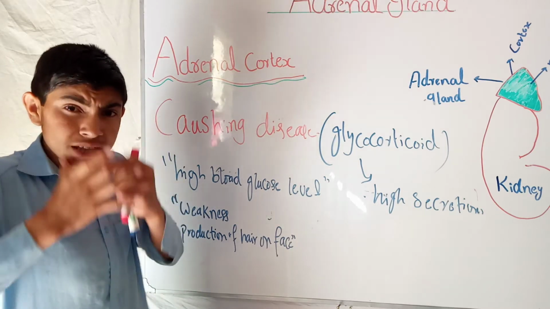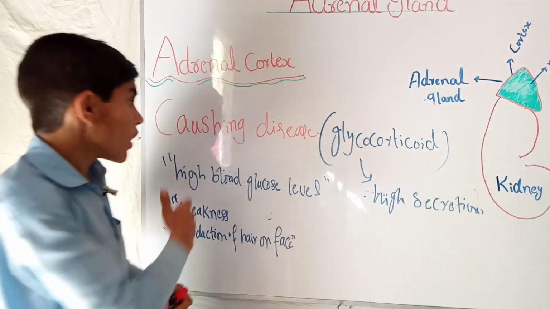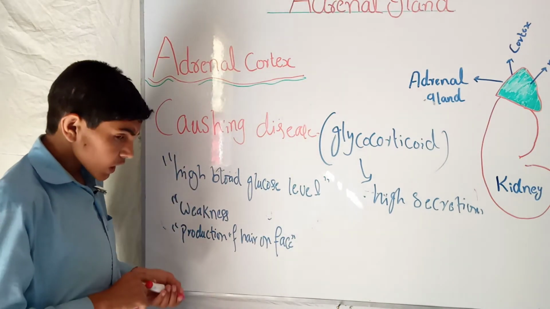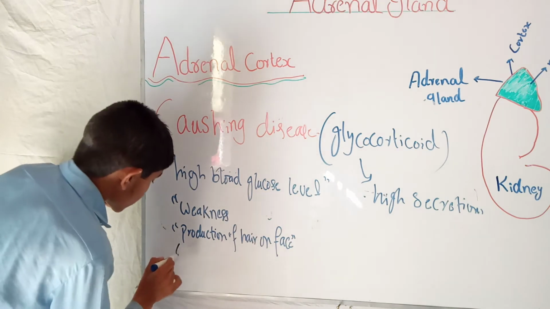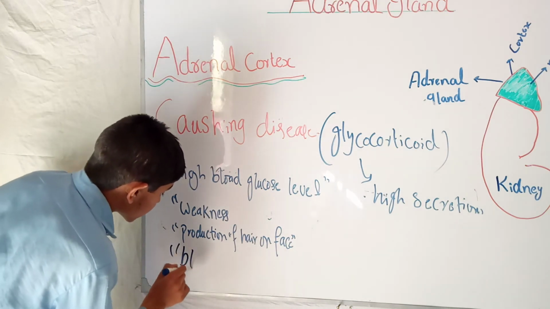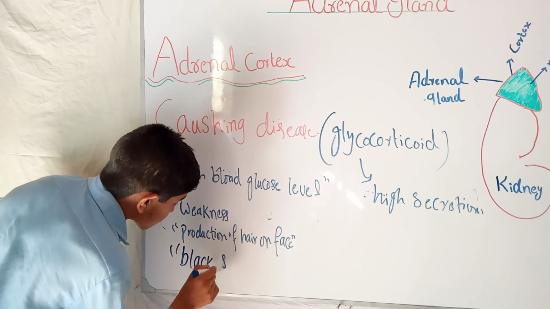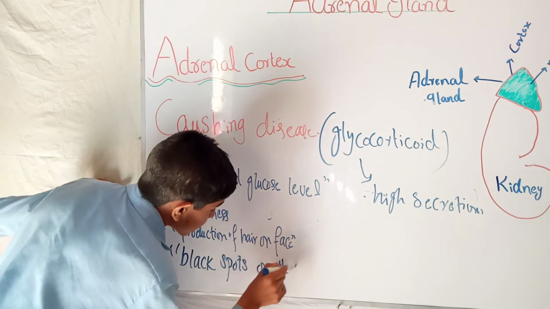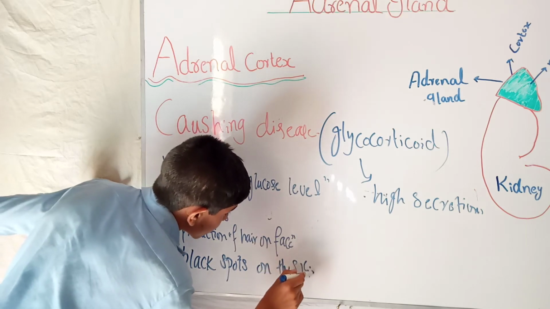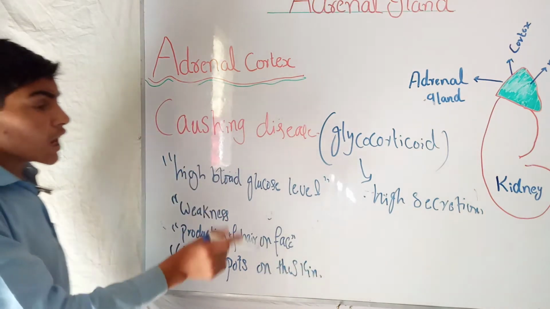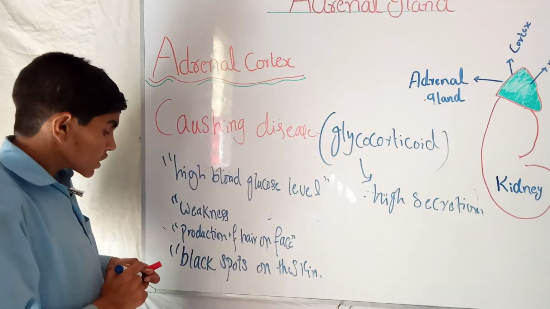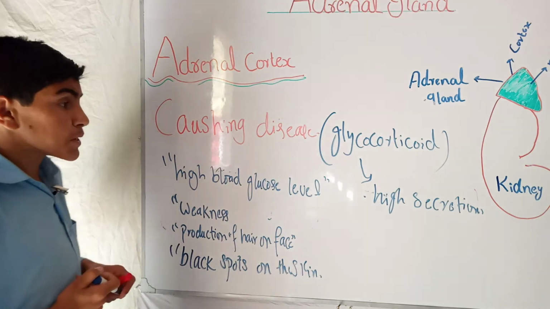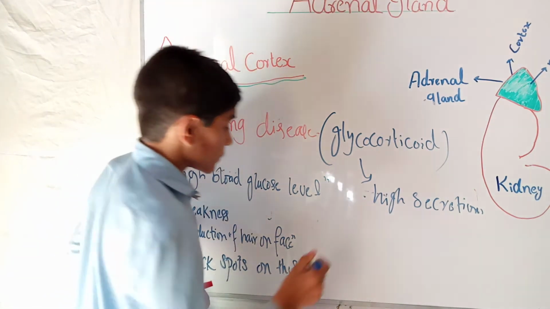So the hair on the face is actually due to Cushing's disease, in which the blood glucose level becomes high. Another symptom is black spots on the skin. Cushing's disease also causes the production of black spots on the skin of the patient.